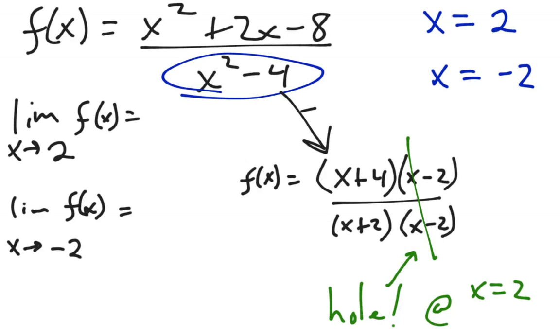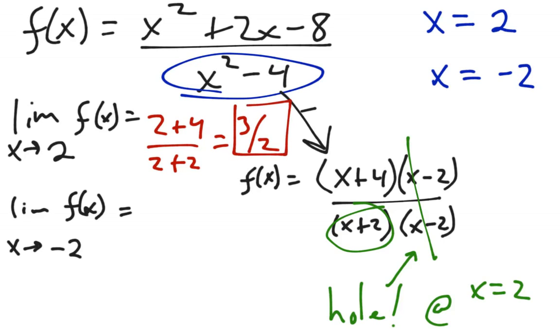So let's go ahead and try to find that limit when x approaches 2. Because it's a hole, these two things go away. We no longer have the division by 0 problem, so we're going to just plug it into the rest. So the limit of f of x as x approaches 2 is just 2 plus 4 over 2 plus 2. 2 plus 4 is 6. 6 over 4 is 3 halves. Great.